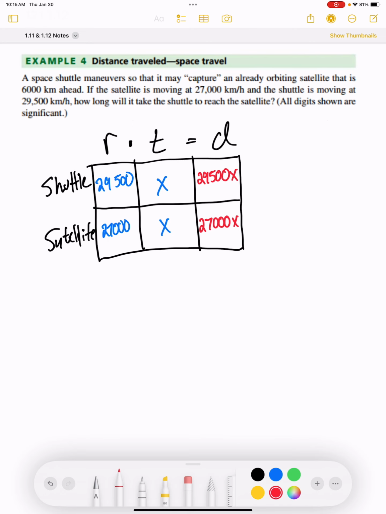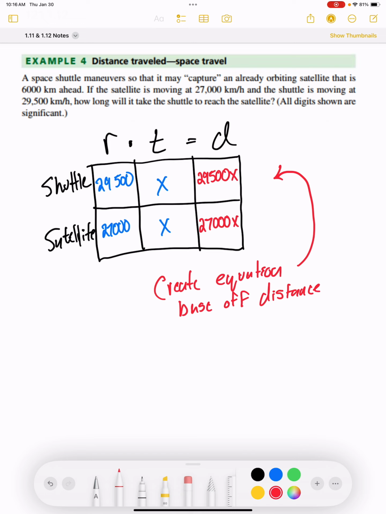And now we need to create an equation, and it needs to be based off of distance. All right, because that's what we're multiplying it.